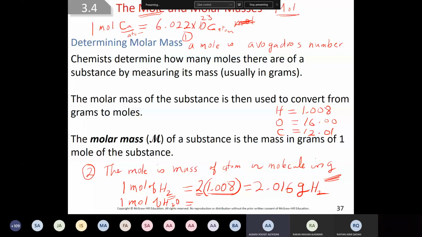I need the full number. Use your calculator to calculate 1 mole of H2O. 18.016 gram. What? H2O. You have to say the whole thing. Gram H2O. Good.